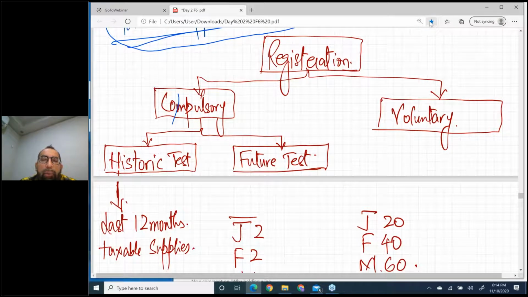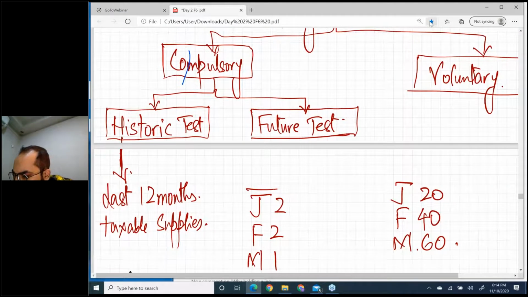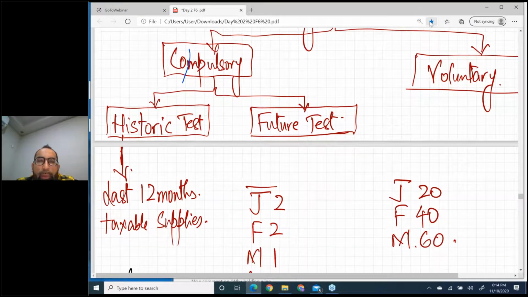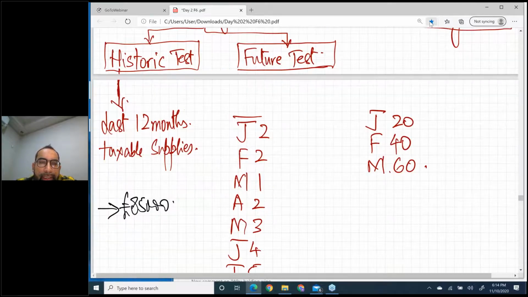For compulsory registration, there are two tests. One is the historic test and the second is the future test.